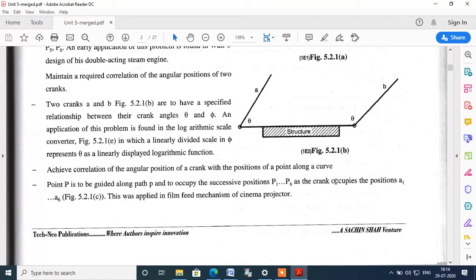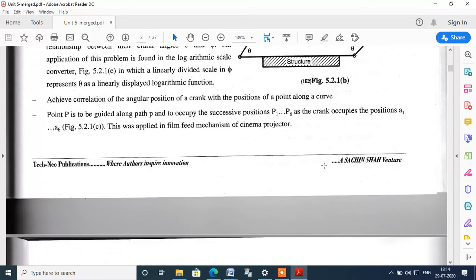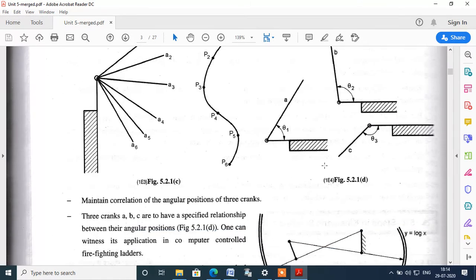Achieve correlation of the angular position of a crank with the position of a point along a curve. So point P is to be guided along the path and occupy the successive positions, that is P1 to P6. This was applied in the film feed mechanism in a cinema projector. Here some examples again are given.